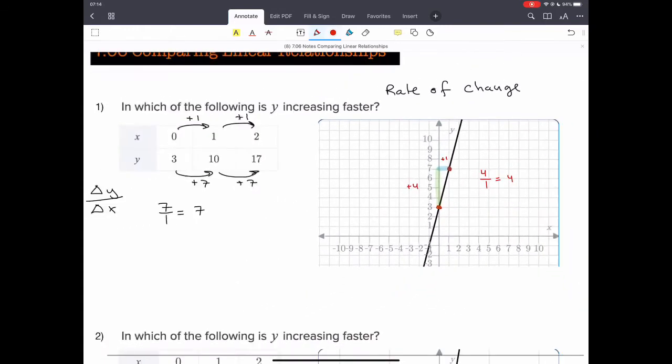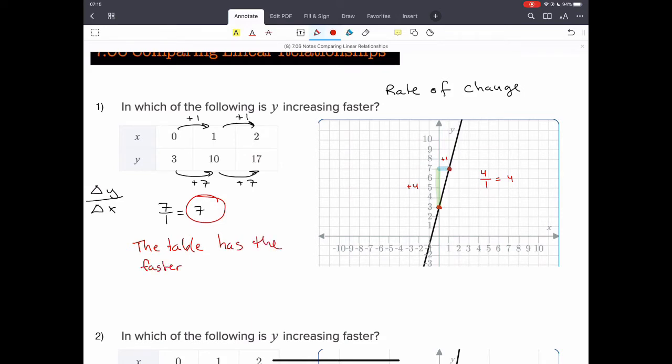So which one has the greatest rate of change, or in which one is the y increasing faster? The table is. The table has the faster increasing y.